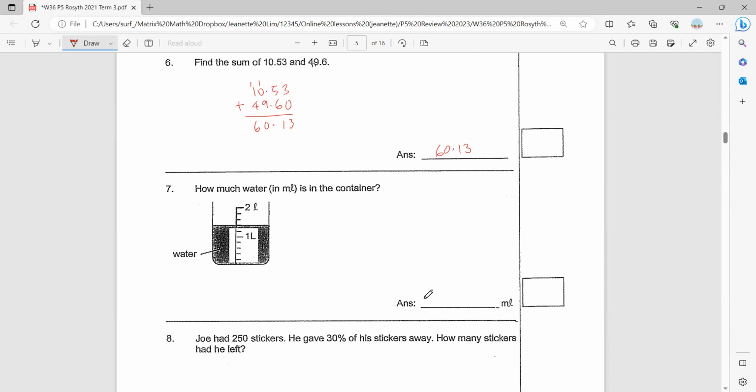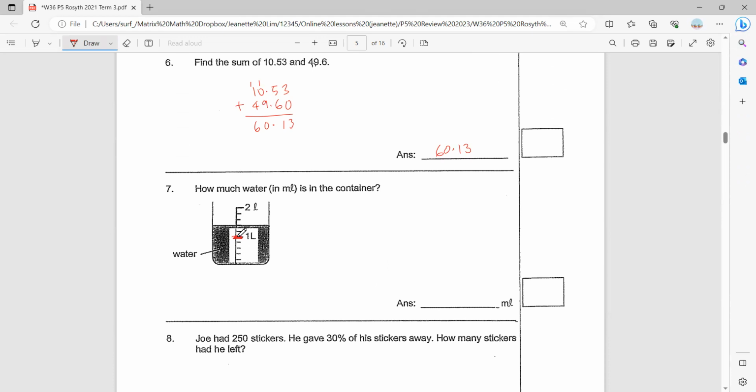Okay, 7. How much water is in a container in ml? So this is 1 liter, right? Every marking, 2, 4, 6, 8, 10. So every marking is 200. Okay, every marking is 200.